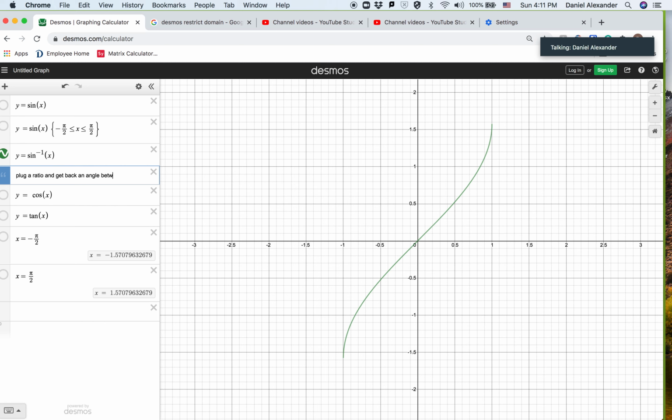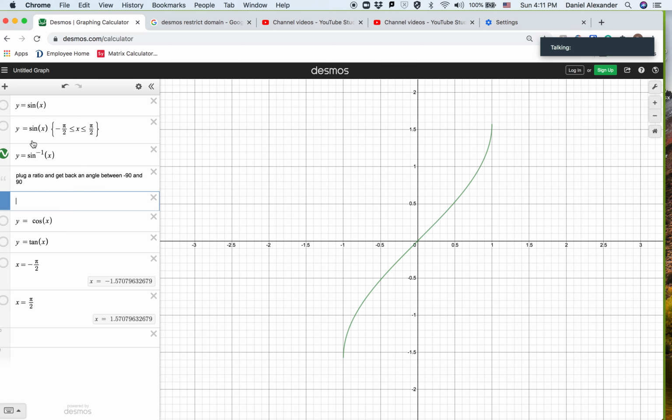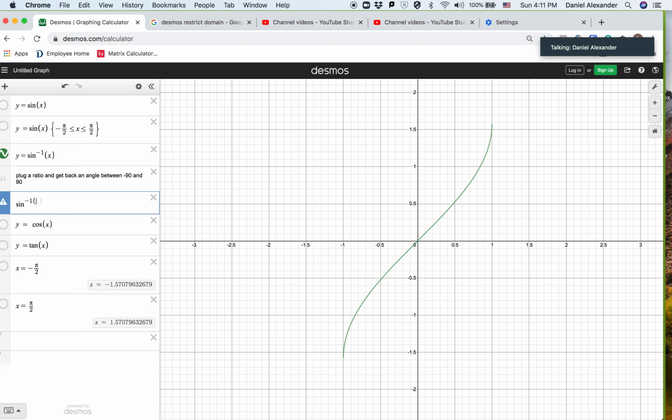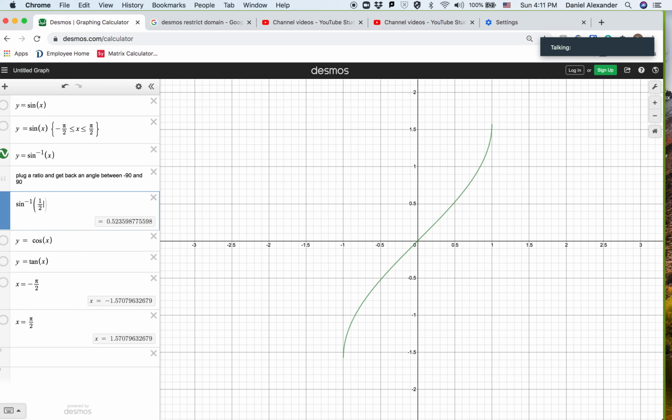And the angle is going to be between minus 90, minus pi over 2, and plus 90. Okay, so here's my example. Sine inverse of 1/2 is equal to, again, pi over 6 radians. Okay.